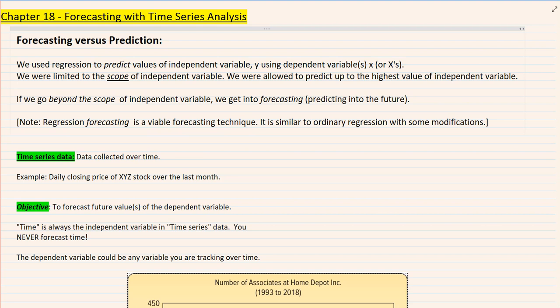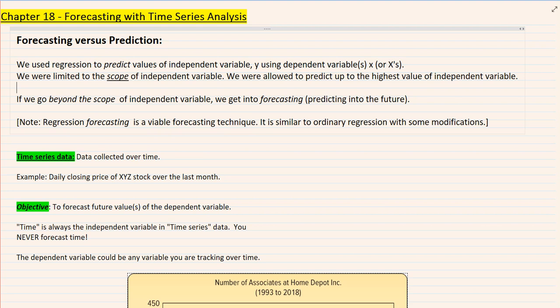So the difference between prediction and forecasting is this. Anytime you use one or more independent variables to predict the value of the dependent variable, you're confined within the scope of those independent variables. For example, let's say I want to predict a person's net worth based on their income.